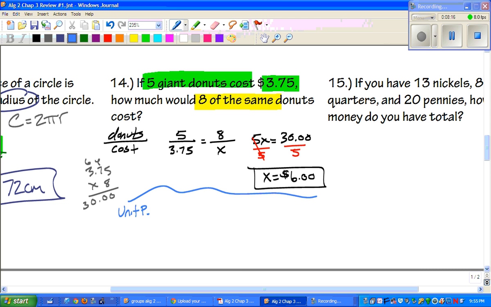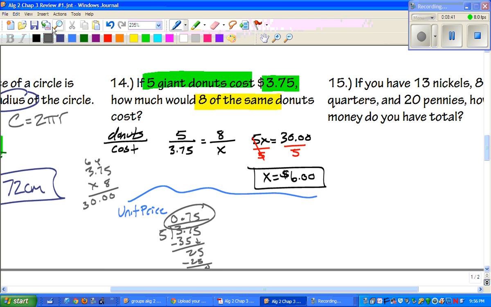We've talked about unit price. You know that for $3.75 you can get 5 donuts. 5 does not go into 3. 5 goes into 37 7 times. And 5 goes into 25 5 times.